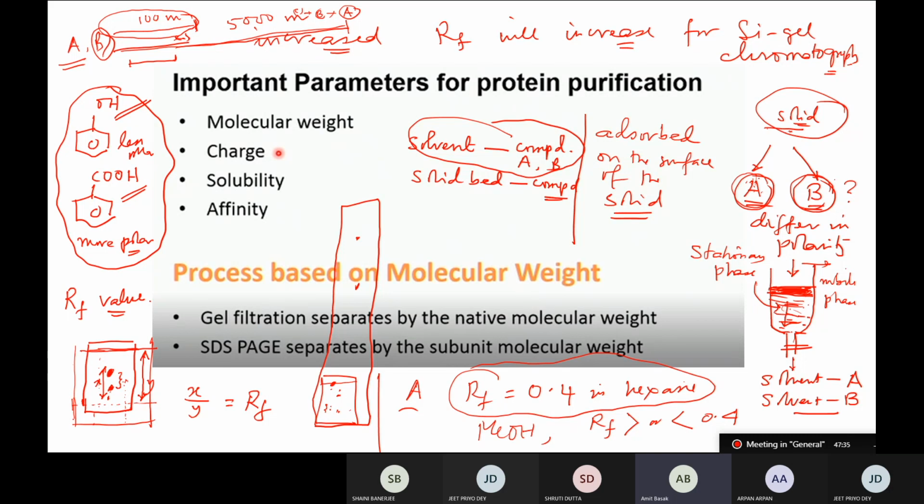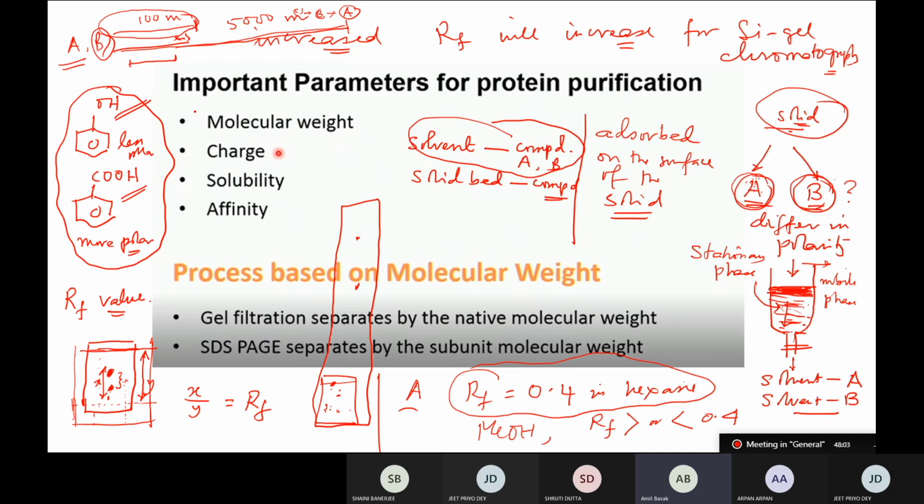So in case of proteins, how many factors can you exploit to separate the molecules? In case of organic molecules, I told you that the two things exploited are polarity and molecular weight. In case of proteins, you have some other extra parameter that can be exploited.